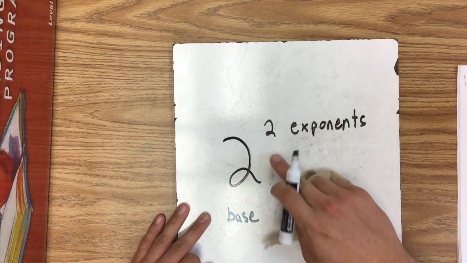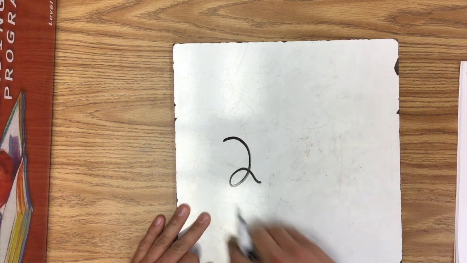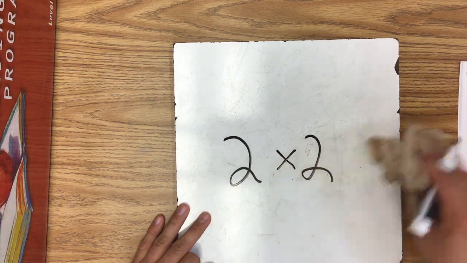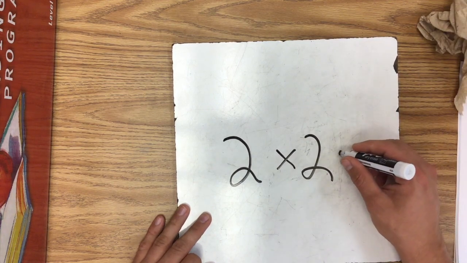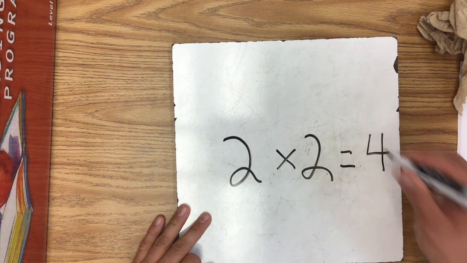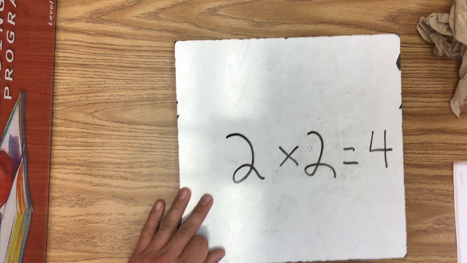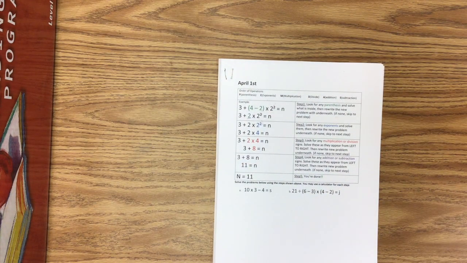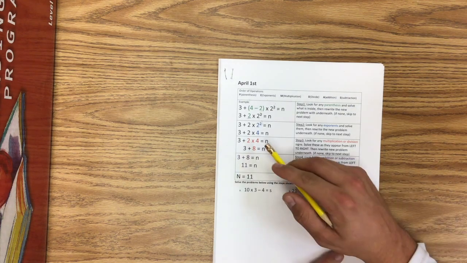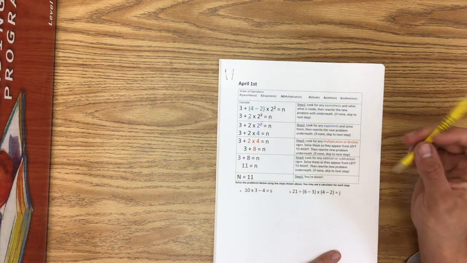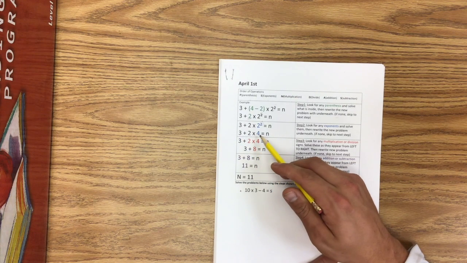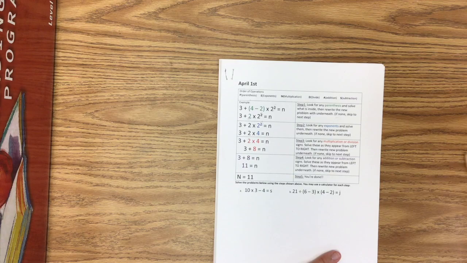In this case, we have 2 times. So that means we've got 1, and here's my second time. 2 times 2. If I put that in my calculator, I get 4. So I'm coming back here now, and I can write my answer 4 underneath. So now this is 3 plus 2 times 4 equals n, okay?